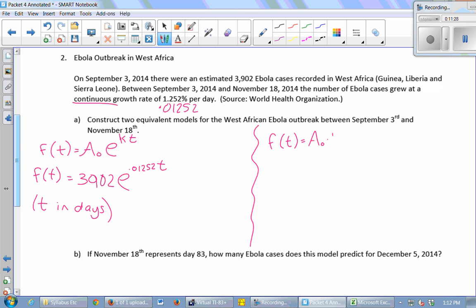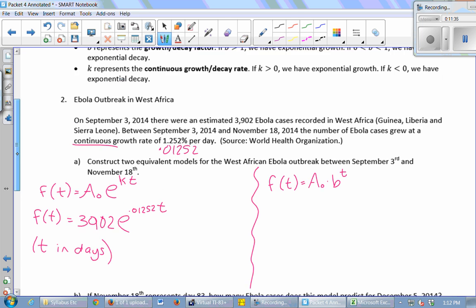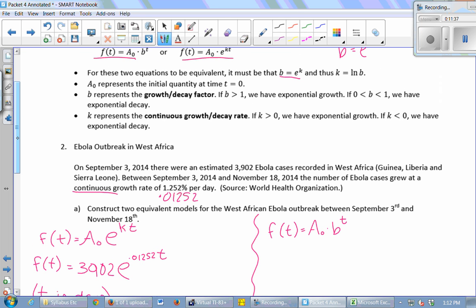A sub 0 times b to the t. And if I know k, how could I figure out b? k is the ln of b, but k is the one I know, and I would like to know b. So I could use b equals e to the k, right? Just do e to the k and you get b.